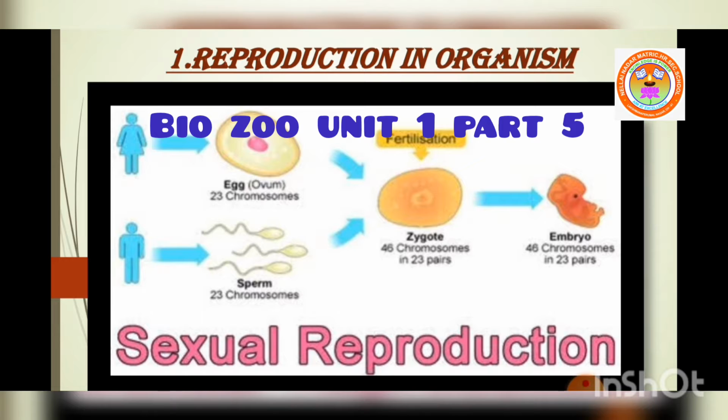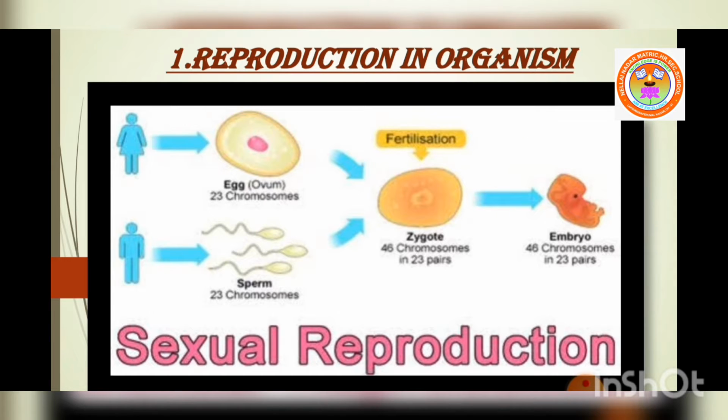It is called sexual reproduction. Sexual reproduction involves the fusion of gametes and it leads to genetic variation. So these are all the important characteristic features of sexual reproduction.